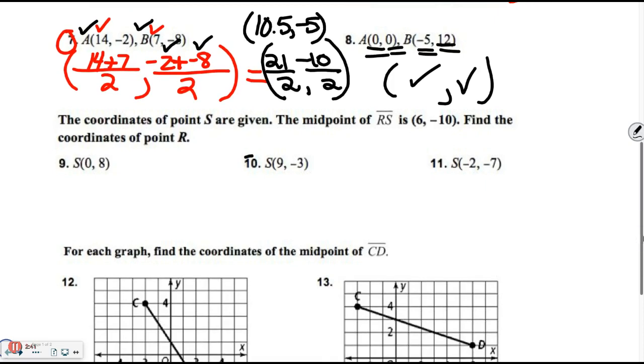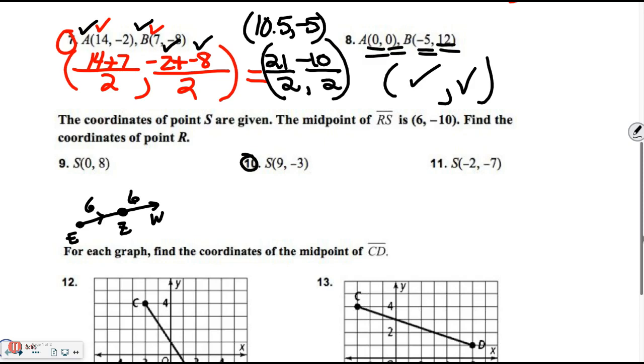The next section's a little trickier. It says the coordinates of point S are given, and then they give you the midpoint and find the others. There's a formula for this, but I'm going to tell you that if I said that Zimmerman is halfway between Elk River and where I want to go, well, if I went 6 miles to get to Zimmerman, I would continue forward 6 miles to get to where I want to go, right?